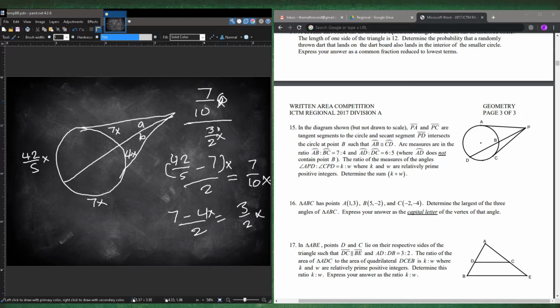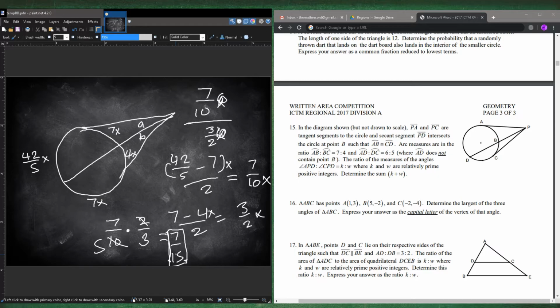So the x cancels out. That's why we really don't need to do it. So 7 over 10 divided by 3 over 2 is the same thing as 7 over 10 times 2 over 3, right? So 2 divided by 2 here, that's 5. So that equals 7 over 5 times 3, which is 15. So our answer is 7 over 15.